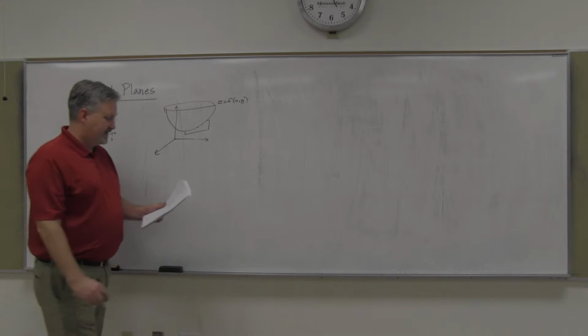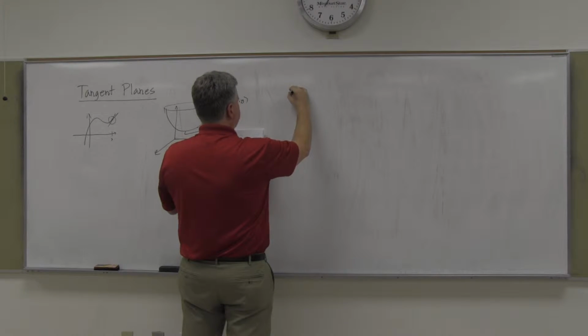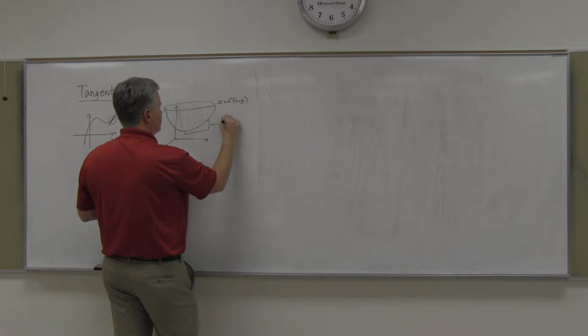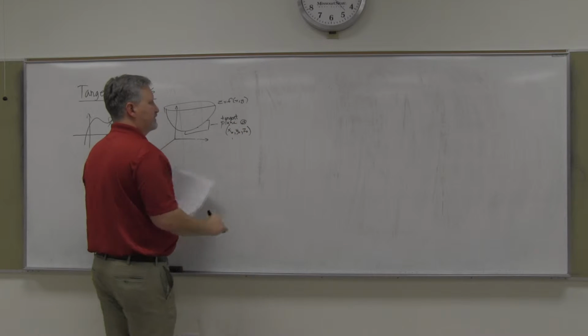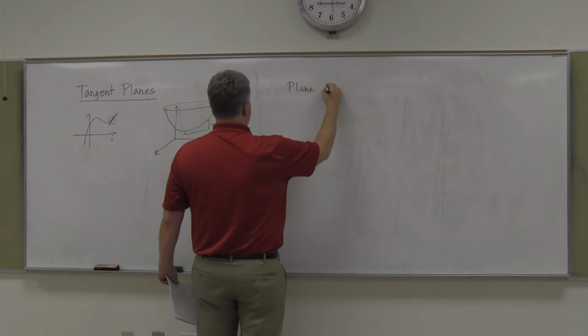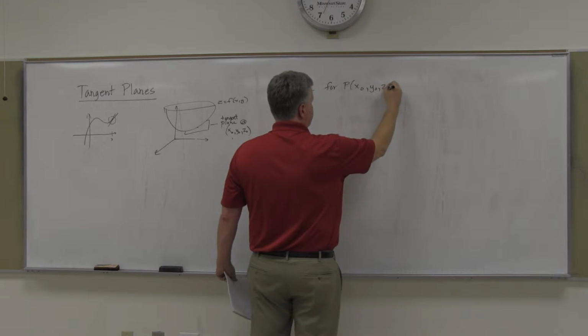Well, let's recall here. So if I've got a point, this is the tangent plane at that x0, y0, z0. Well, if I want just any old plane for a point x0, y0, z0, let's use that.